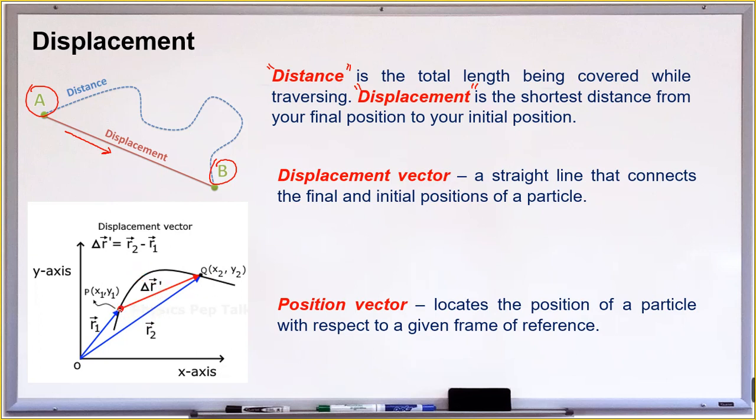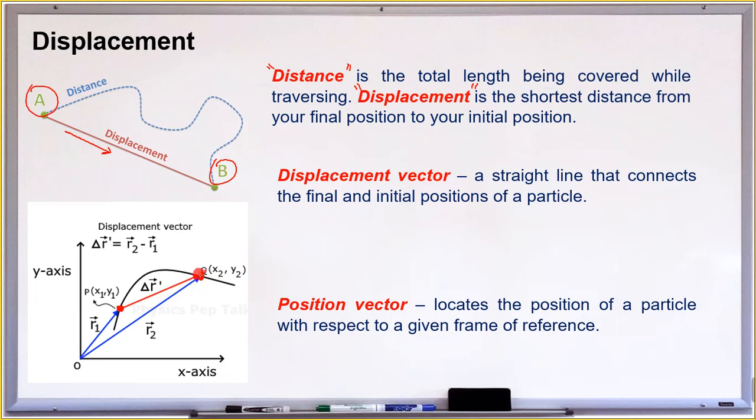This one, labeled P with coordinates x1, y1, is your initial position. And this Q here, represented by this x and y coordinate system, is your final position. Our displacement vector here is represented by this red arrow. It connects your initial position and your final position.